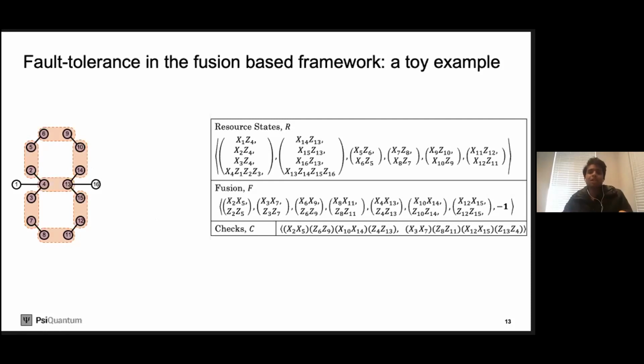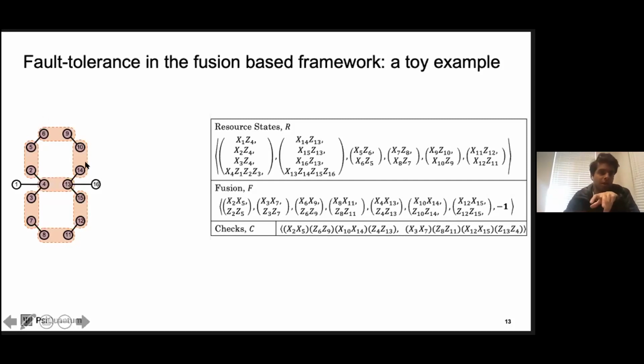If the product of these measurements gives us -1, we know that something is wrong, with either the measurements or the resource state stabilizers not being exactly what we expected. So we know something is wrong with either the resource states or the fusions if we measure the product of these four measurements, x2 x5 z6 z9 x10 x14 z4 z13, to be -1.